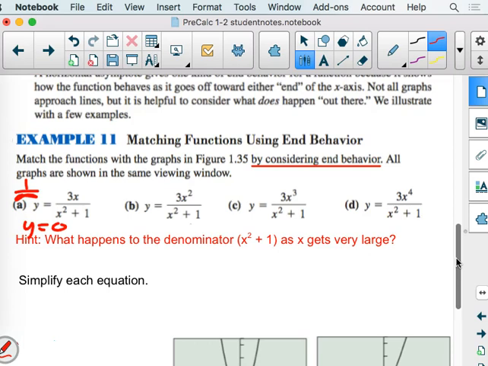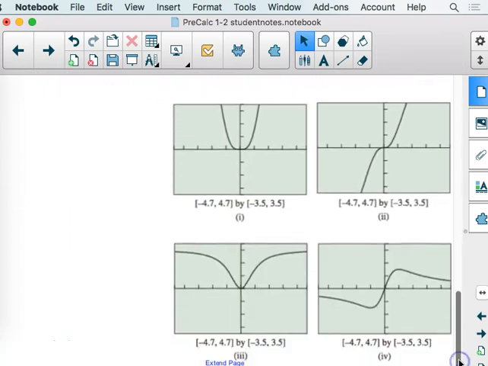So this will truly be the opposite of what it was to start with. So I need one of these 4 graphs to approach the line y equals 0 as it goes left and right forever, and I need it to be symmetric to the origin. Well, symmetric to the origin has me down to 2 and 4, but only one of these 2 graphs is going to approach the x-axis as it goes to the left and right forever. That's this one.